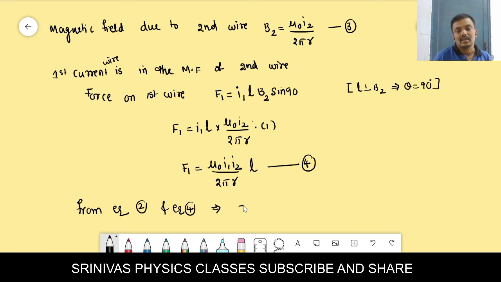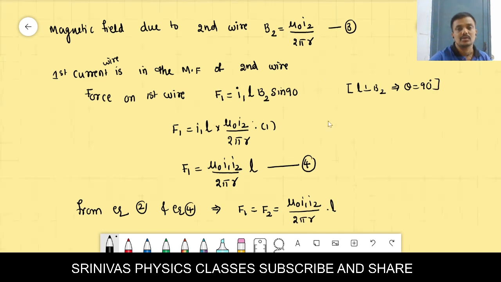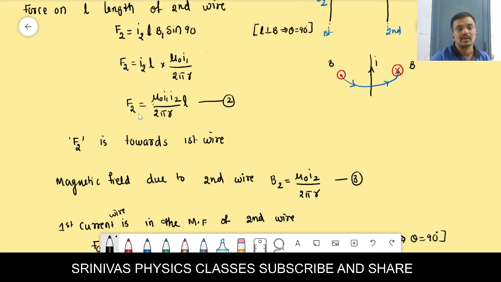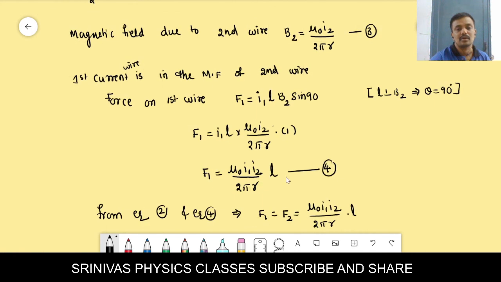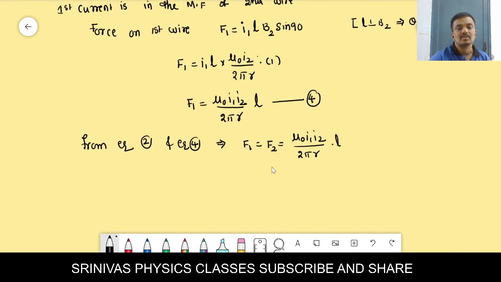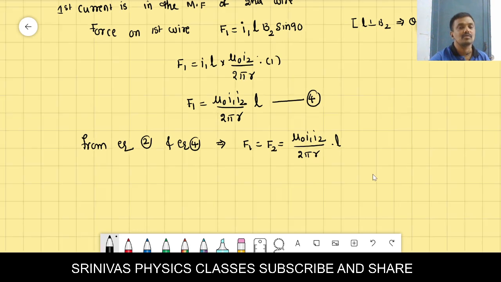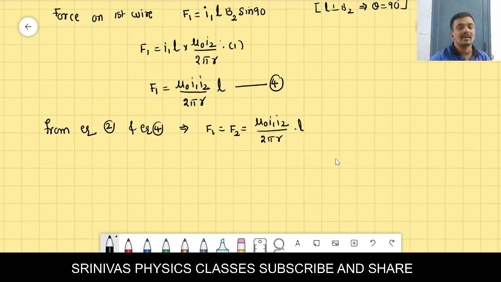We write F1 is equal to F2 is equal to nu naught I1 I2 by 2 pi r into L, both are the same formula. Look here, equation 2 is F2 is nu naught I1 I2 by 2 pi r into L, and in equation 4 you see nu naught I1 I2 by 2 pi r into L. That means the force on the first wire is equal to the force on the second wire. That formula is nu naught I1 I2 by 2 pi r into L. Clear, students?